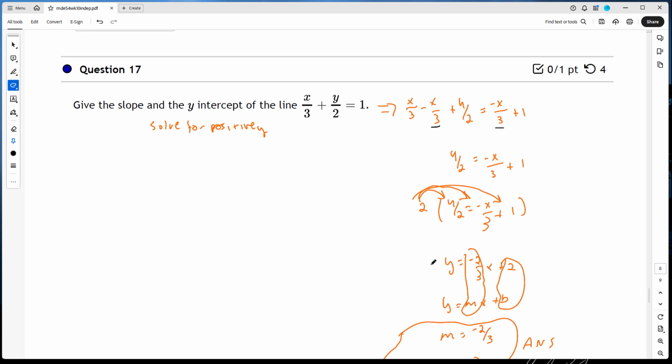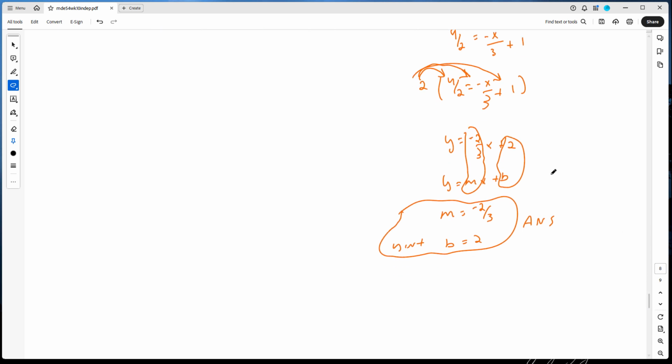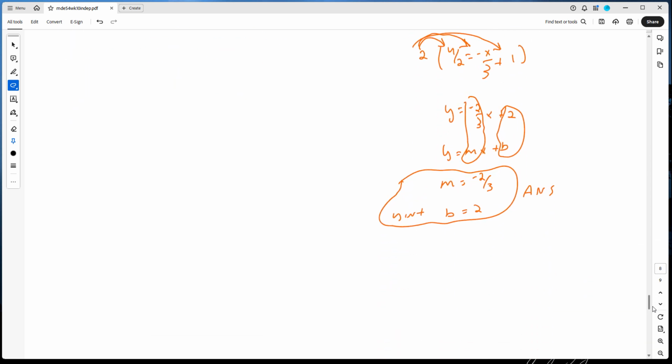So the 2's cancel on one side. And then I have 2, a minus 2/3 x here, and I have 2 times 1, which is 2. So then I wrote y equals mx plus b to identify my slope. My slope is a negative 2/3. And my b here is 2. Y-intercept is 2.